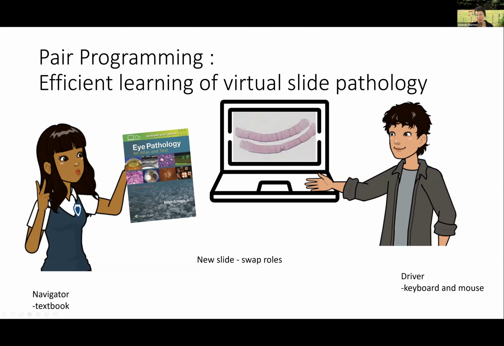So now James is driving, he's got the keyboard and mouse, and Rena has the textbook or the computer that's looking up stuff on the internet, or the AAO or the e-textbook, and you continue to talk aloud. So you both get good at driving and navigating, but it works twice as fast.